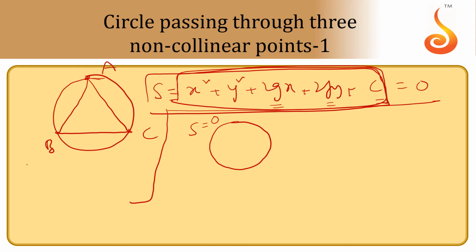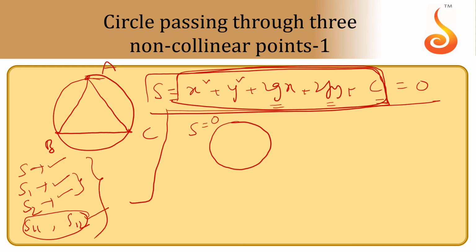So please remember S, S1, S2, S11, S12 like this. S is a second degree equation, S1, S2 are first degree equations, and S11, S12 are numbers. So from the given points we calculate this. They are called notations.